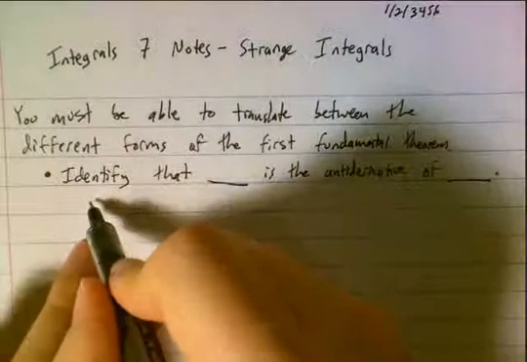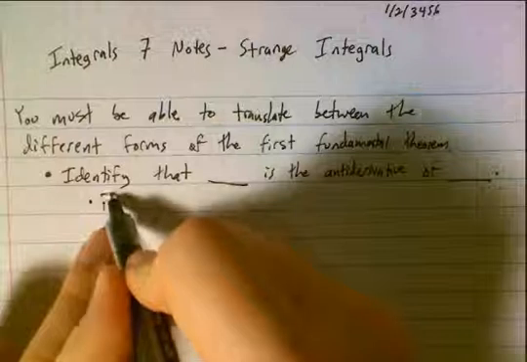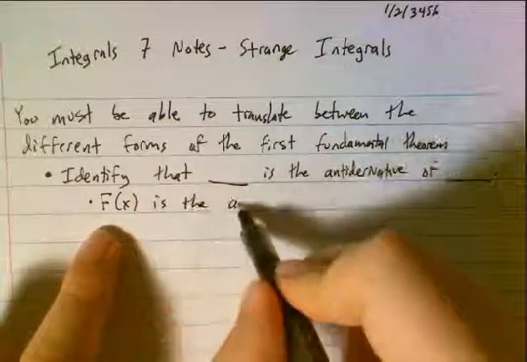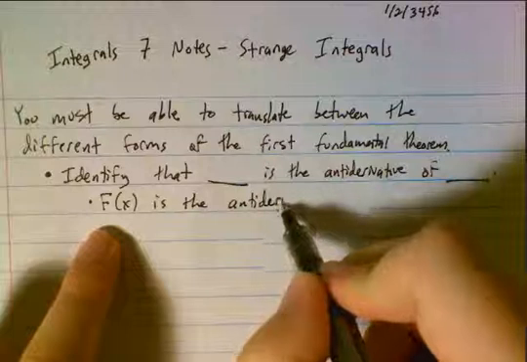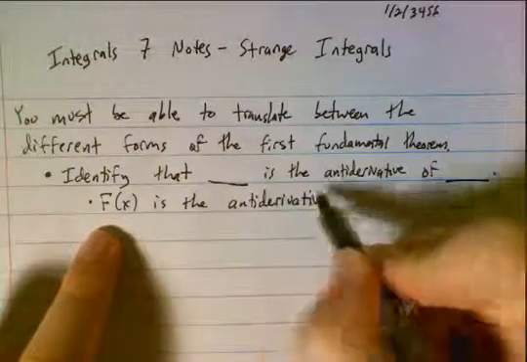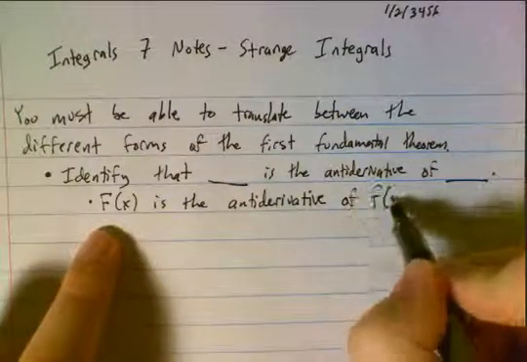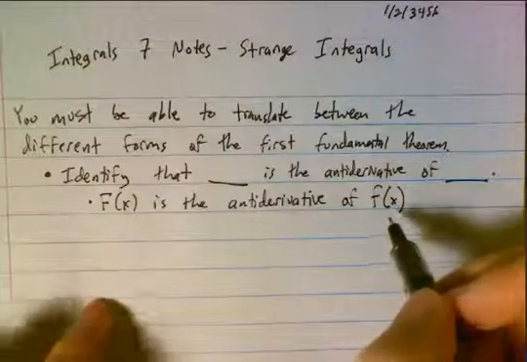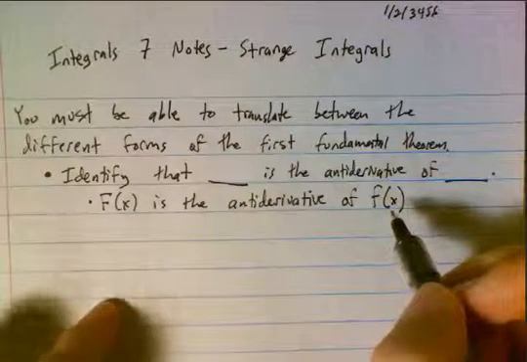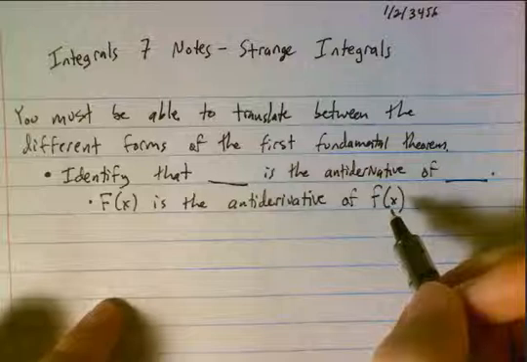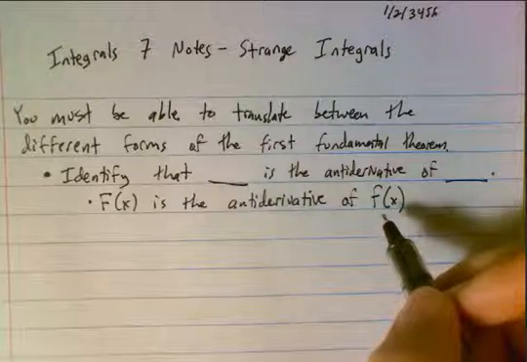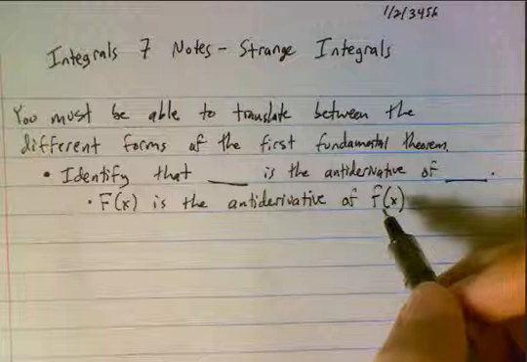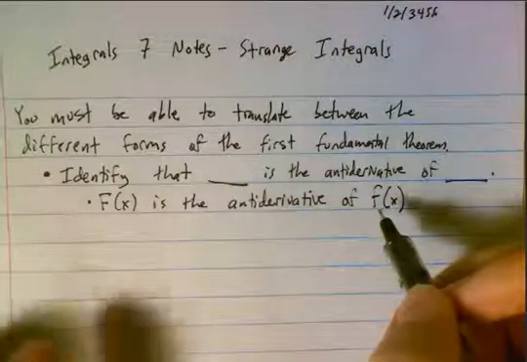One, it can just be directly stated. Capital F of x is the antiderivative of lowercase f of x. But it can also be told to us in another way. We can be told that one function is the derivative of another, which implies that one function is the antiderivative of another.